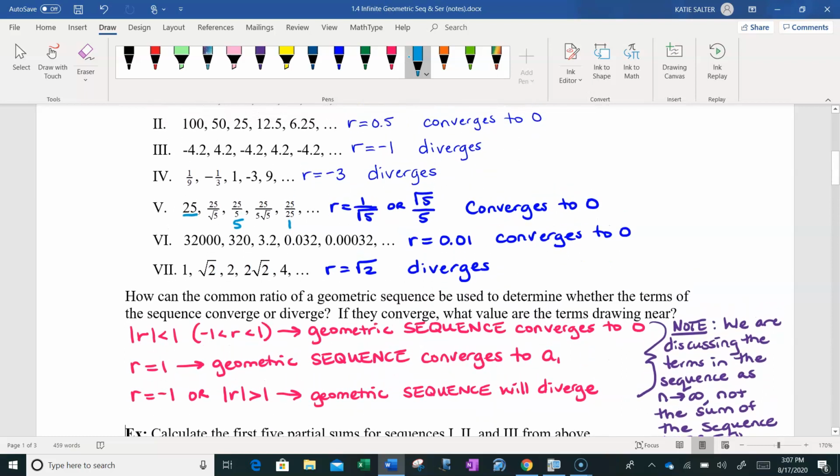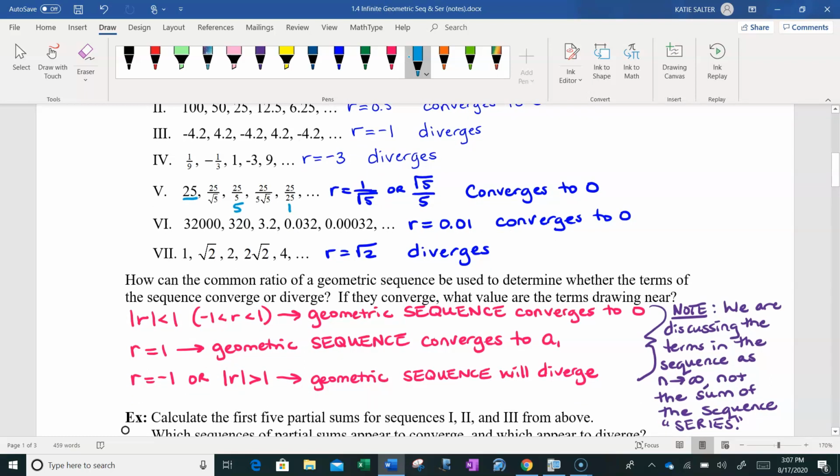All right, so pretty much, guys, anytime the absolute value of the common ratio is less than 1, in other words, the common ratio is a number between -1 and +1, the geometric sequence will converge, and it will converge to 0. Anytime you multiply by a number less than 1, it's just going to get smaller and smaller and ultimately converge to 0. If r equals 1, the geometric sequence will converge to whatever the first term was.